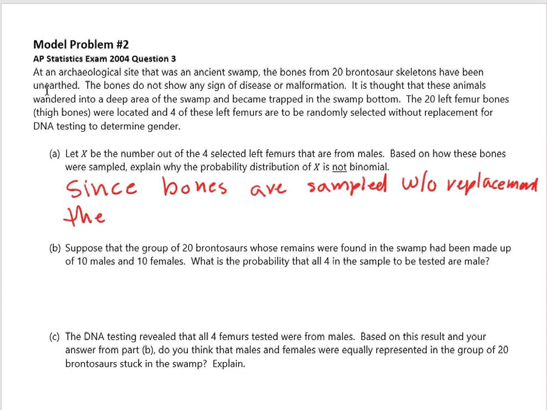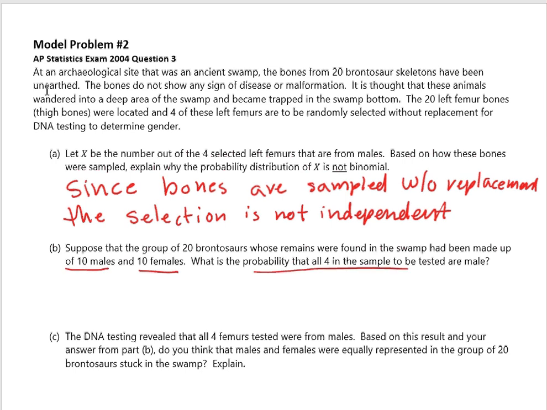Okay. Now, suppose that the group of 20 brontosaurs whose remains are found in the swamp were made up of 10 males and 10 females. What is the probability that all 4 in the sample are male? Now remember, you're pulling a bone out and you're not replacing it. So the probability the first time of picking a male is 10 out of 20.